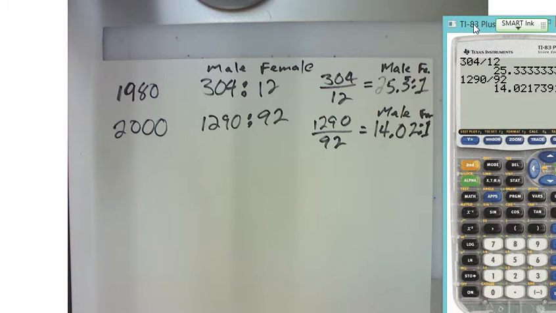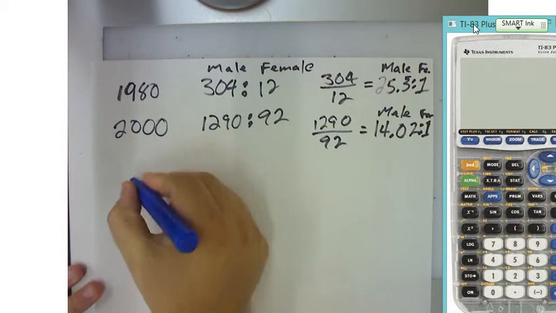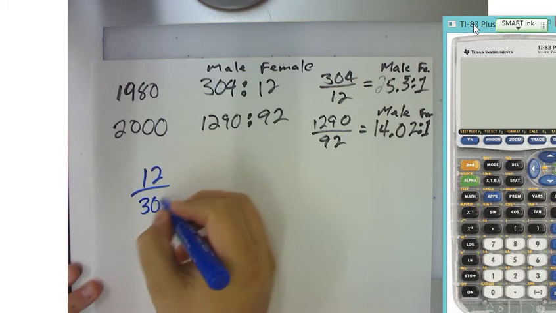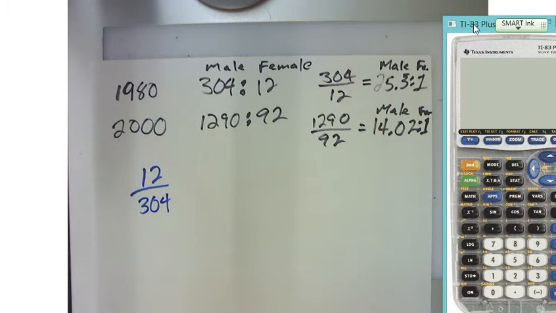So my question to you is, how could I rewrite these ratios to show that the female population increased? Could I say 12 to 304? Just like our unit conversions in physics, the ratio is an equivalent statement, right? So I could write it this way.